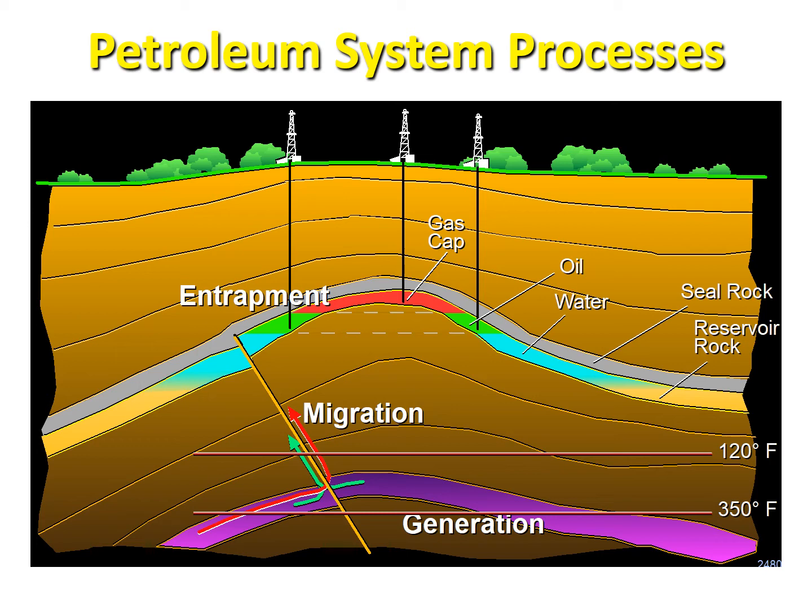So meaning that if the generation of petroleum occurs at different levels of maturity, it will expel from the source rock to the migration path at different timing as well.